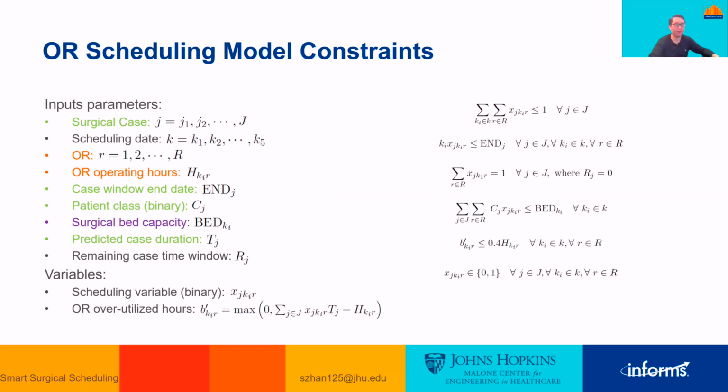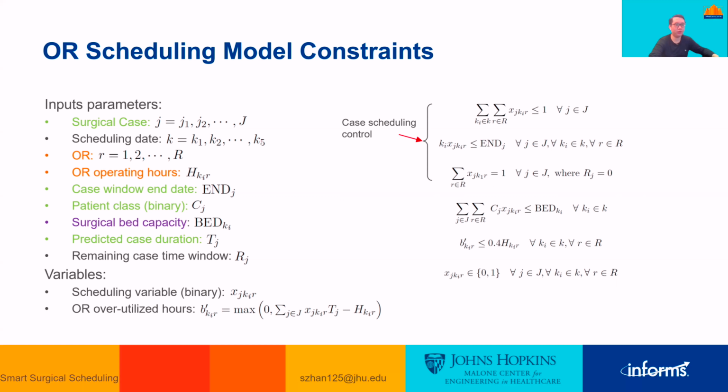There are two variables involved. One binary decision variable, X_JKR, decides whether to schedule case J on date K in OR R. One auxiliary variable calculates overutilized hours in each OR, B prime KR.